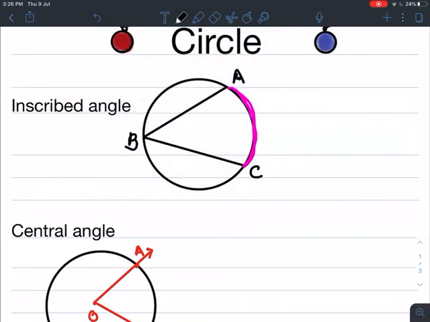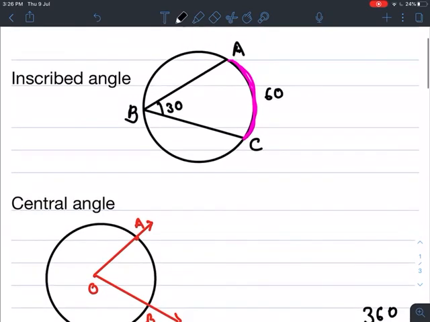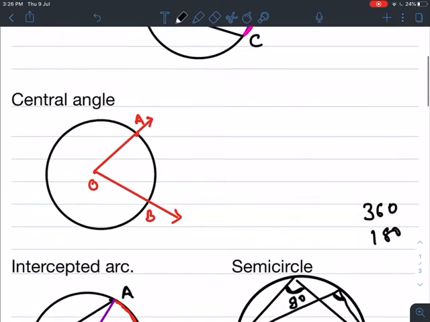For example, if this angle is 30 degrees, the measure of this intercepted arc is 60 degrees, double. Or if we say the measure of this arc is 50, what is the measure of the inscribed angle? Half of it, 25. You must know this.